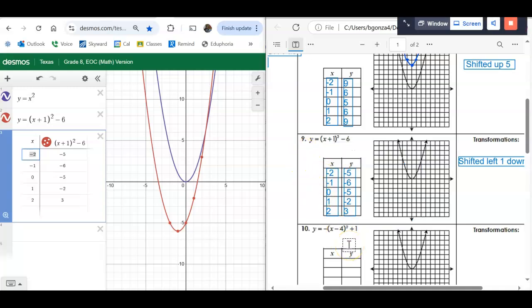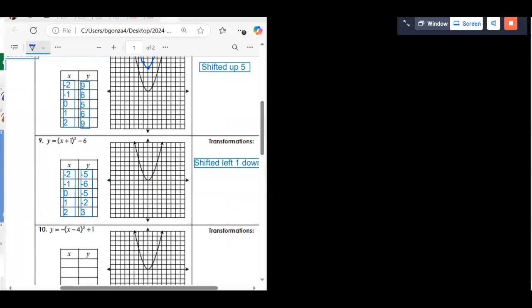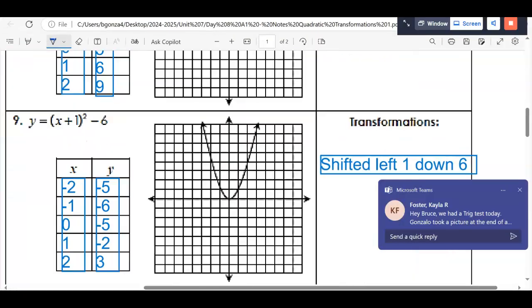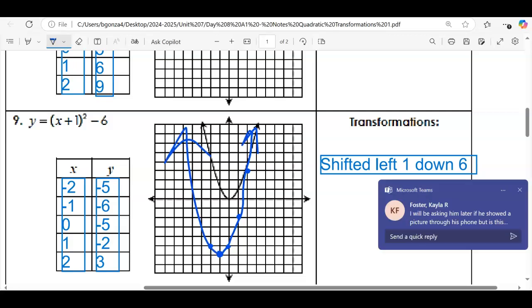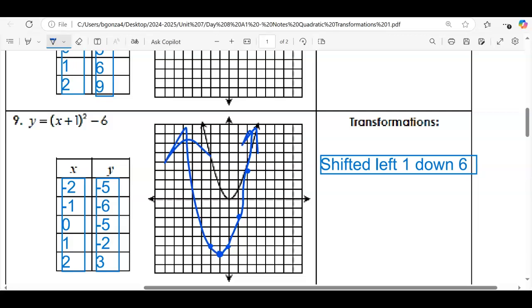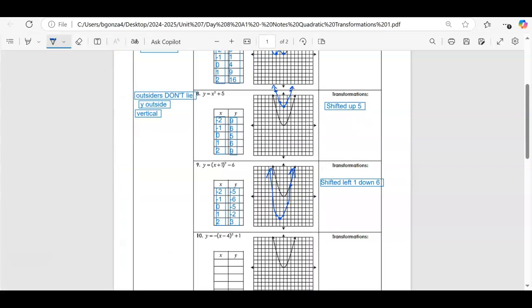So let's go ahead and plot those points and make a nice graph that's been shifted left 1 and down 6. Left 1, down 6. -2, -5, -1, -6, 0, -5, 1, -2, 2, 3. The main thing is, do you have your vertex in the right spot, and can you sketch a graph? Cool. Do your best. That's it for number 9.